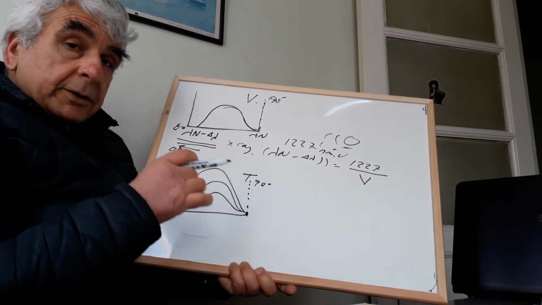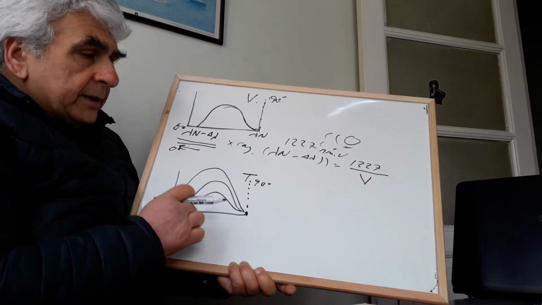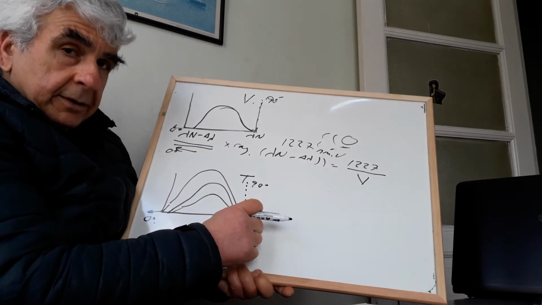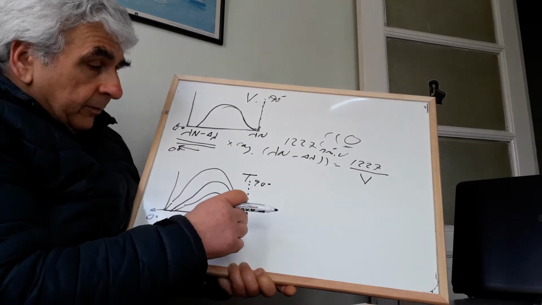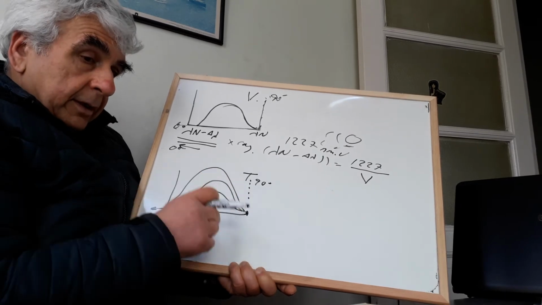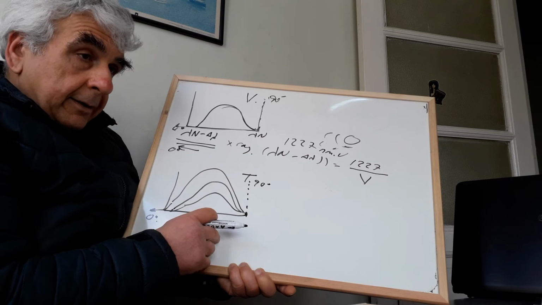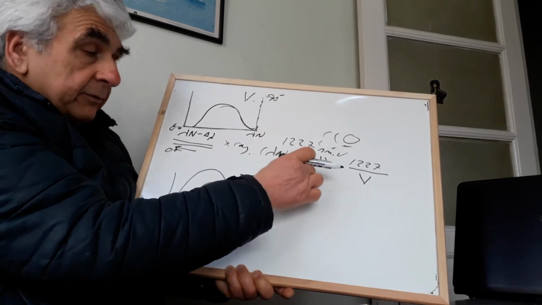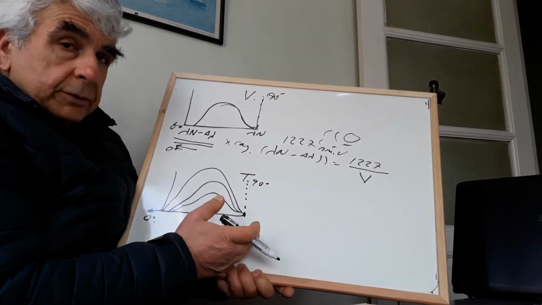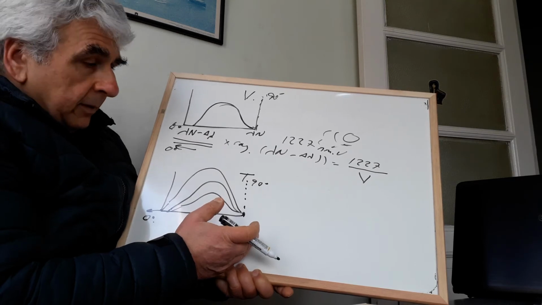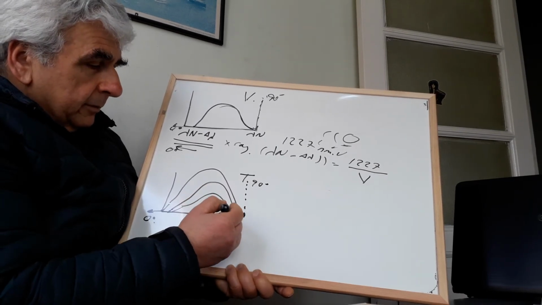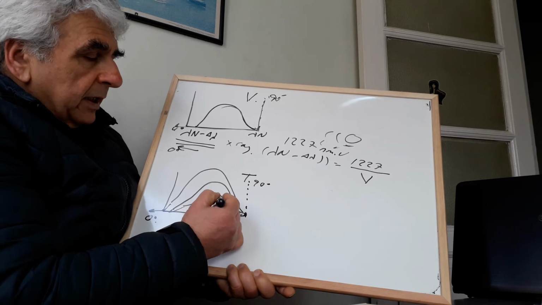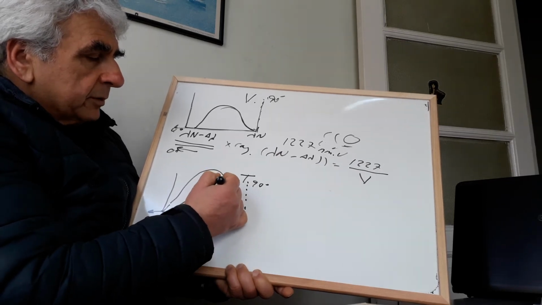But in spite of this, Wien's law and Wien's constant are proofs of my theoretical constant and formulas. Temperature 1, temperature 2, temperature 3.